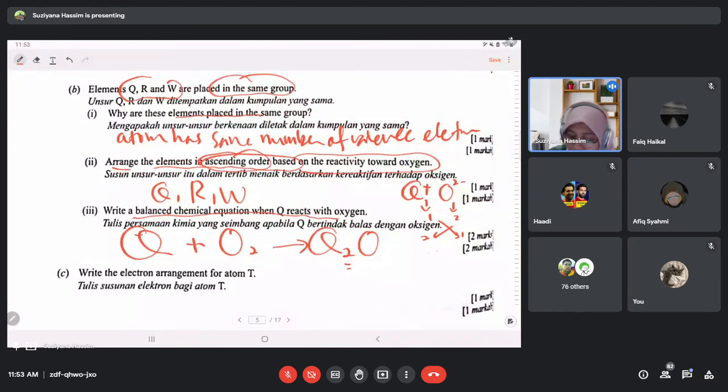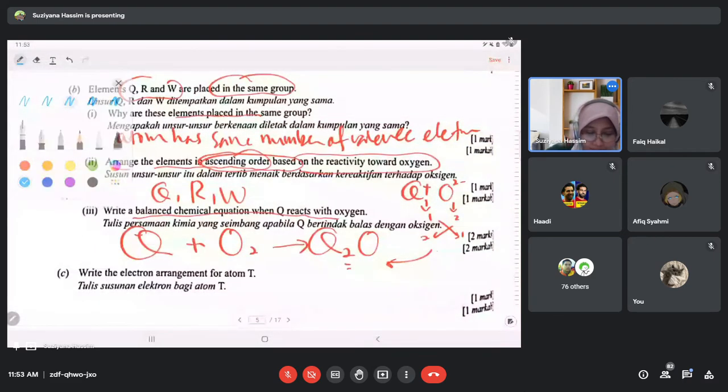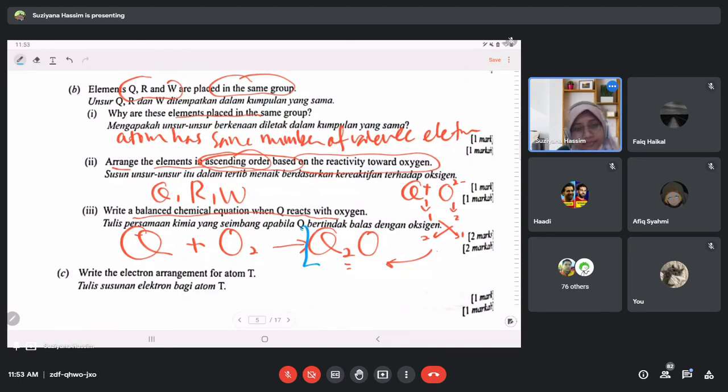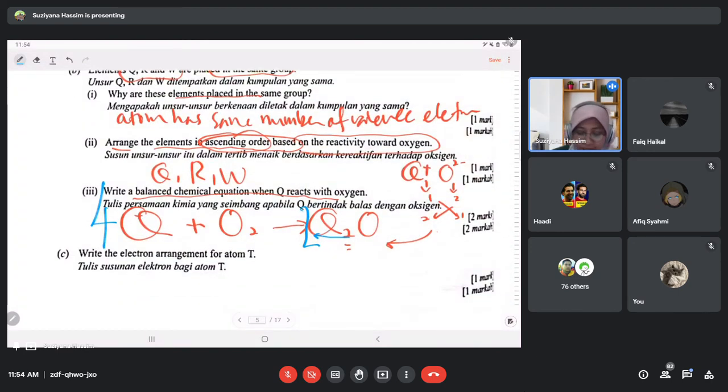So it's not balanced. You can see here 2 is here, sayang. Here 1. So put 2 here. And then Q, 2 times 2, 4. So now it's already balanced. Okay, next one.